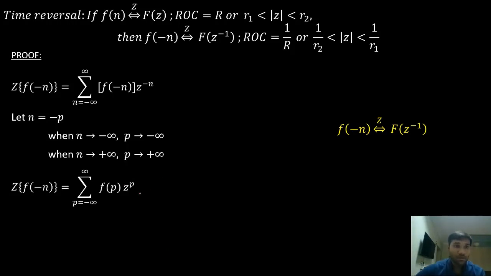Now, what is my F of z? F of z equals summation from minus infinity to infinity of f of n z power minus n.